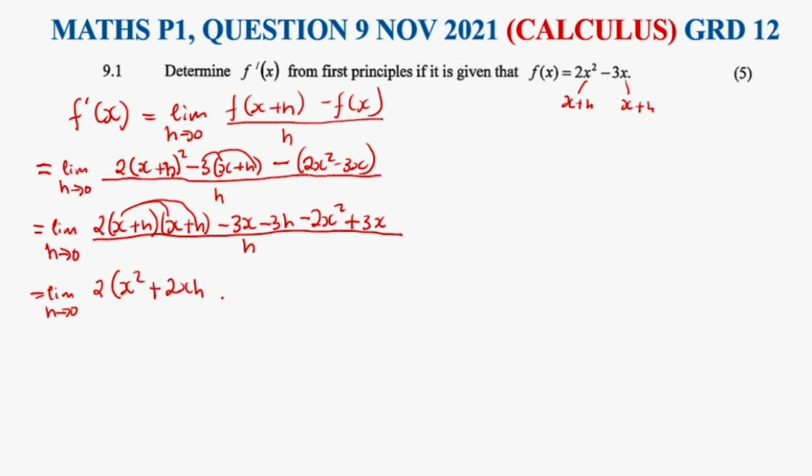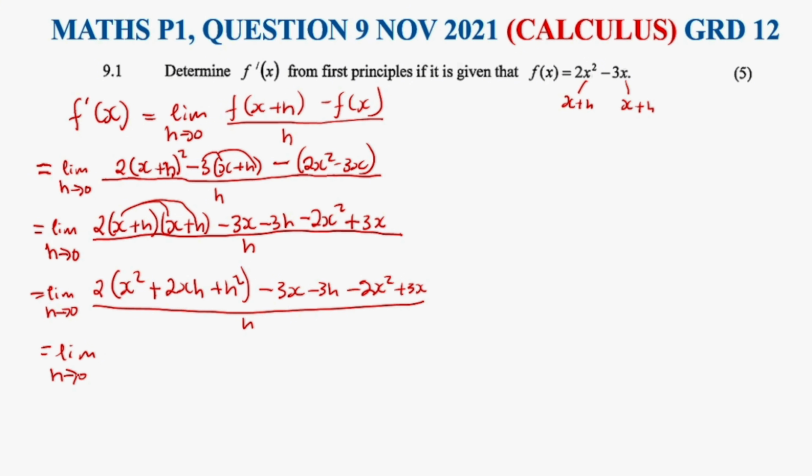Then we're left with h times h, which gives us h squared. Therefore, minus 3x minus 3h minus 2x squared plus 3x, all over h, for the limit as h approaches 0.